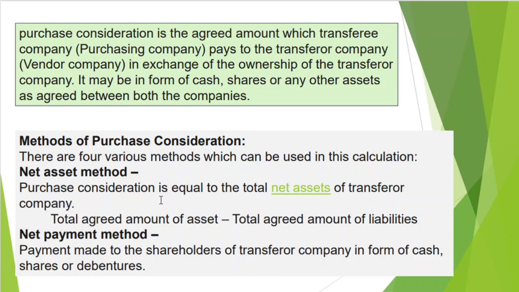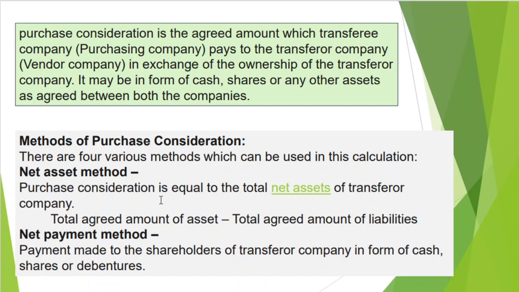First of all, we should know what is meant by purchase consideration. Purchase consideration is the agreed amount which is given by the purchasing company to the vendor company in exchange of the ownership of the transferor company. Or we can say that this is the amount given by the purchasing company, that is transferee company, to the vendor company, that is transferor company.